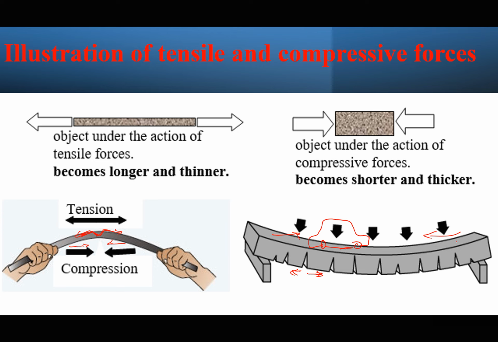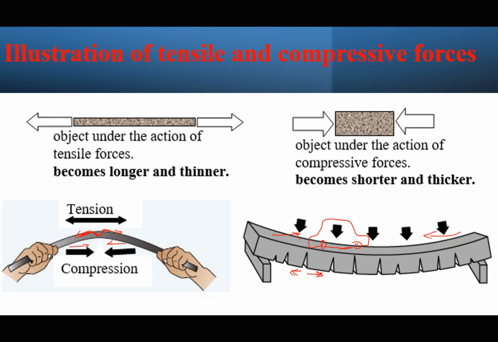So a compressive force is going to cause the material to become thicker and shorter, or squashed, and a tensile force is going to cause the material to become longer and thinner.